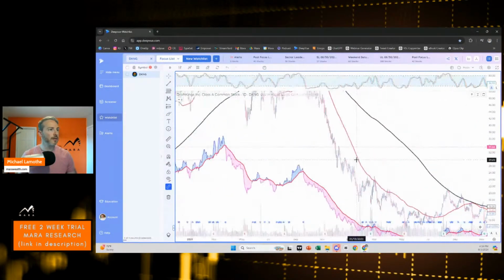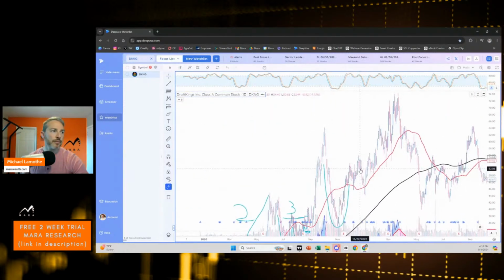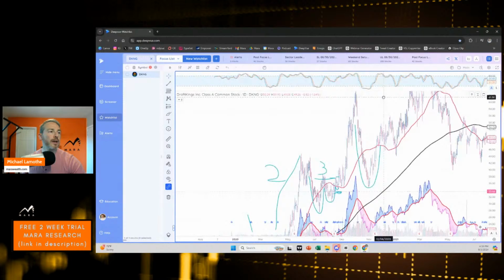So here is DraftKings. The difference between this move here and that move there, there's a couple of different things that you might catch. The first thing, what's the depth of this versus the depth of this? Let's take a measurement and see.